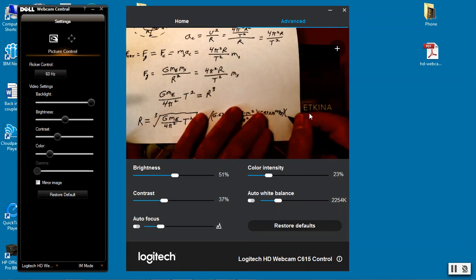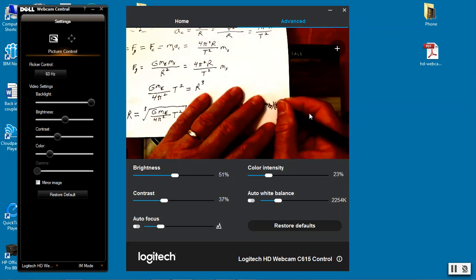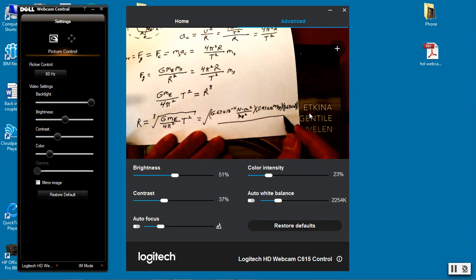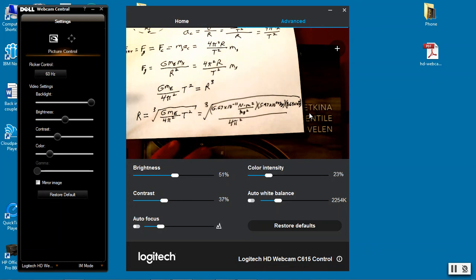And the period of the orbit is 1 day. I will just go ahead and convert 1 day into seconds here. So 24 hours times 3600 seconds per hour is 8.64 times 10 to the 4. And all of that is going to be divided by 4 pi squared. And then all of that is under the cube root symbol.